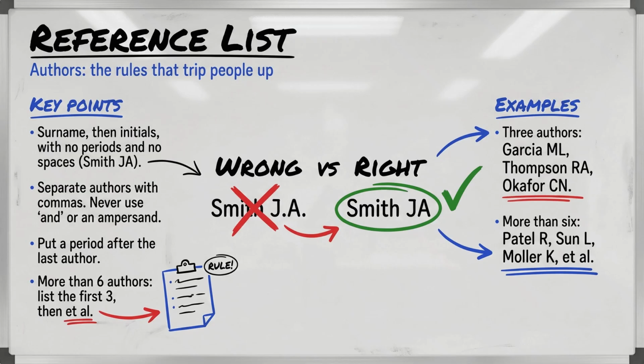Never the word and, never an ampersand. Put a period after the final author, and the big one. If a source has more than 6 authors, you list only the first 3 and then et al. 6 or fewer, list them all. Next, we'll tackle how to format authors in your reference list.